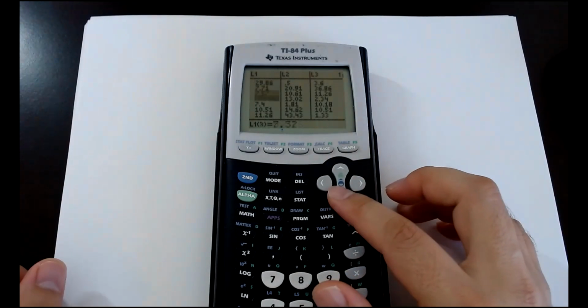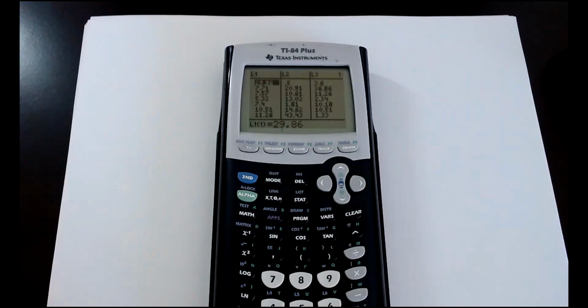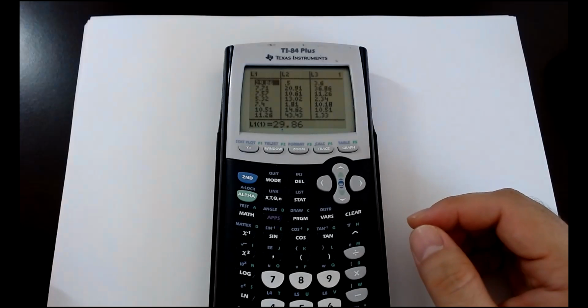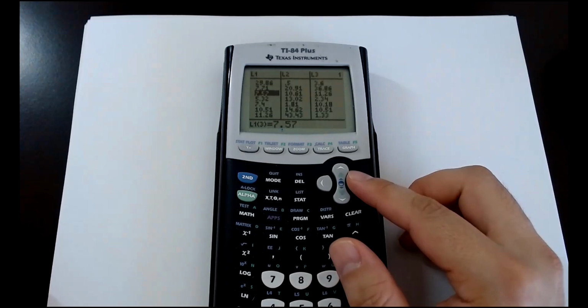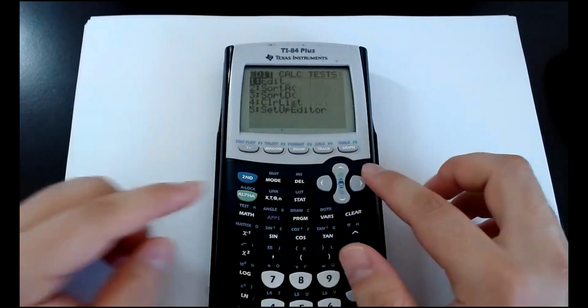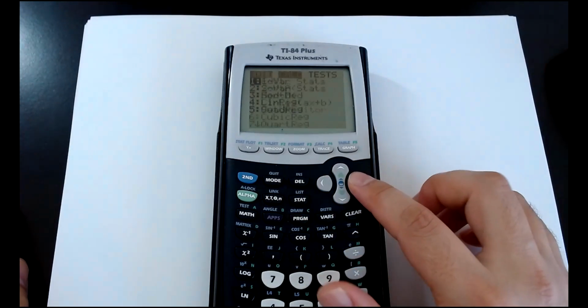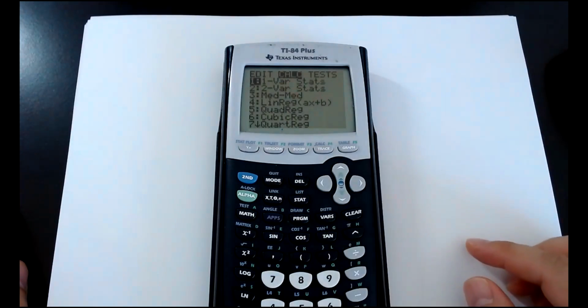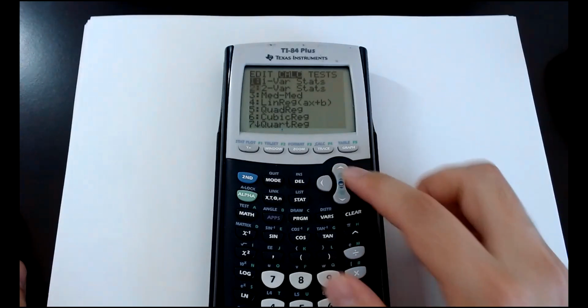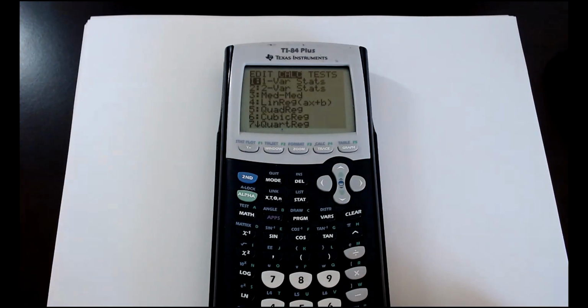Okay, so now we're going to find the median for each sample. That's going to be the bootstrap sample median. Once you enter all the data, sample 1 through sample 5, we press stat again, and then go to the calc tab. You see that calc tab right there. Okay, and then we do one-variable stats, because one-variable stats gives us the basic summary statistics of that sample data.